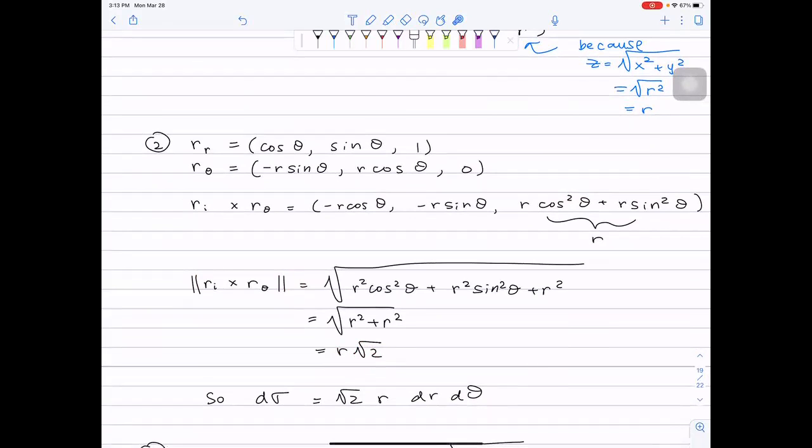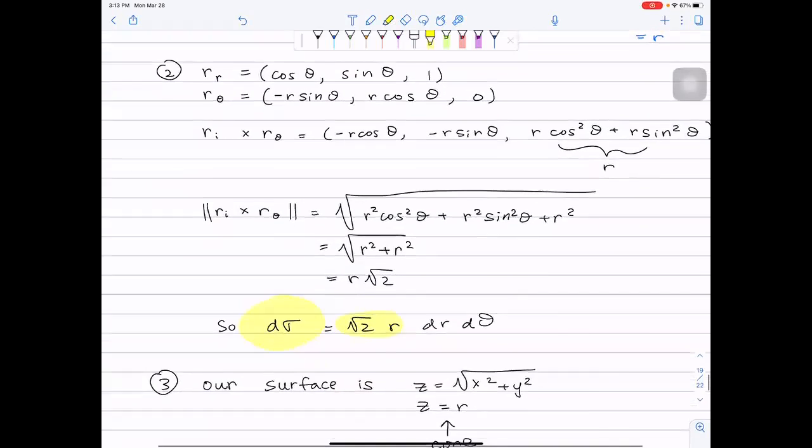And so the idea is similar to our original theorem. We kind of need to find something, but now our something isn't necessarily a Jacobian matrix. It's what we get from doing the length of r sub I cross r sub theta. So from this, we have r square root 2 that acts as our this part, and we have dr d theta, and this is our d sigma.